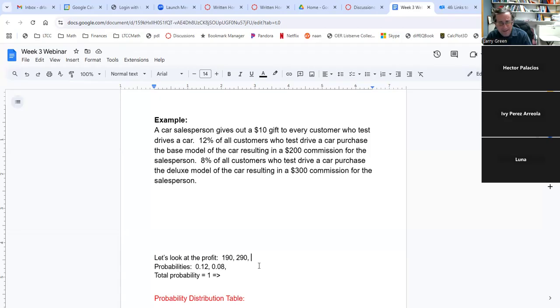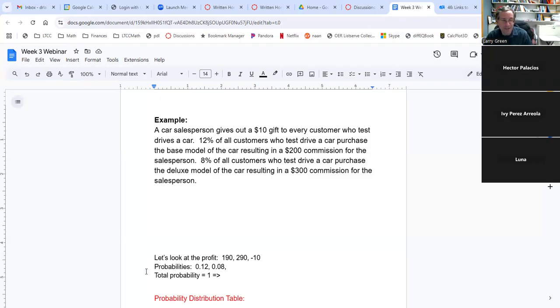It's not $10. That might be the profit for the customer, but the salesperson had to pay $10. So it's negative $10. It's not $0 either. It's a loss. Is that clear or confusing? Do you see why the profit is negative $10? It's very important you get those little pieces right. If you get one little piece wrong, your calculation will be wrong at the end.